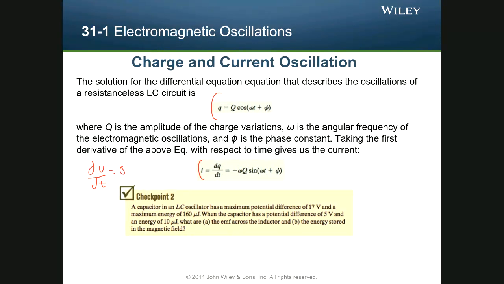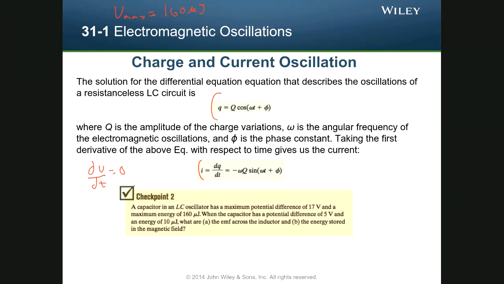So the maximum energy we can see here, U max, is equal to 160 microjoules. All right, so let's do part B first. Right, good.